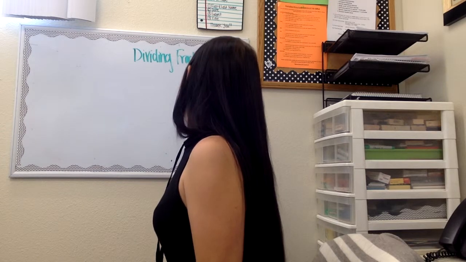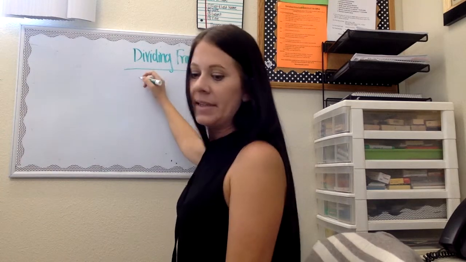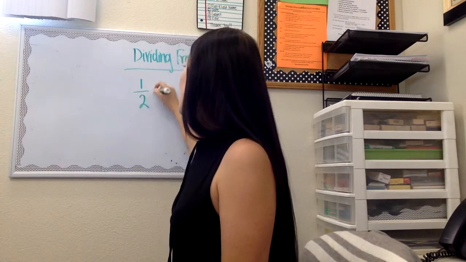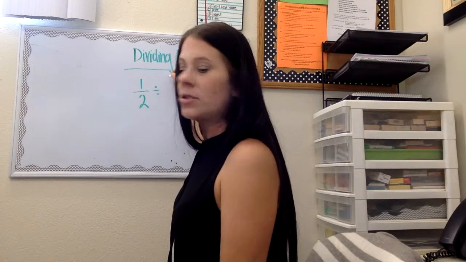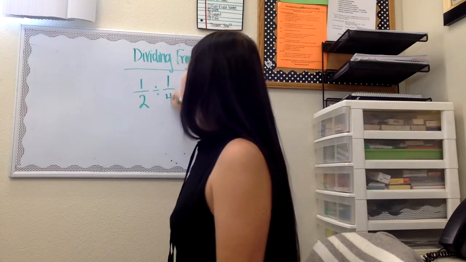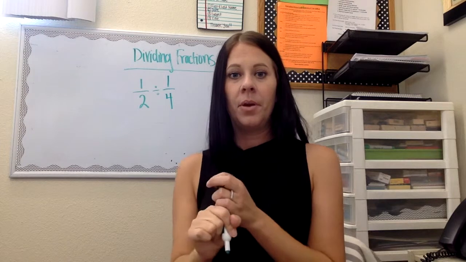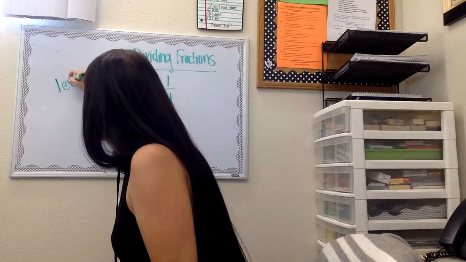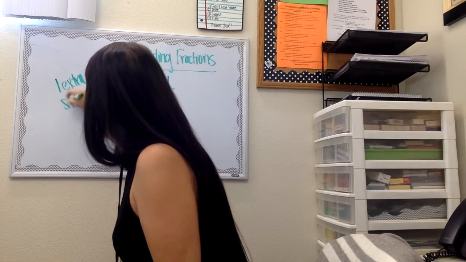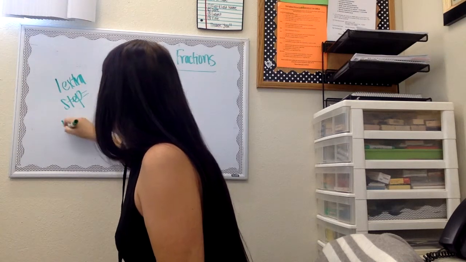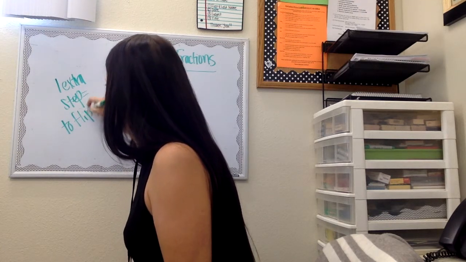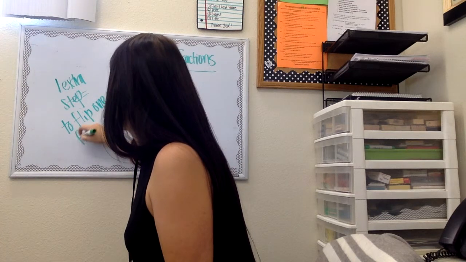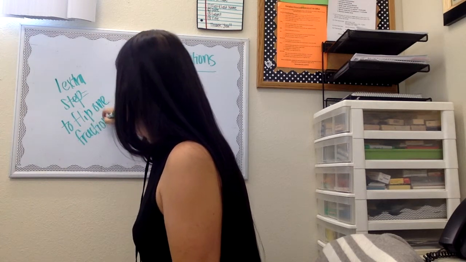Now, there is literally one extra step you do, and then you do everything I was already showing you. Okay? So your one extra step is to flip one fraction. Okay?